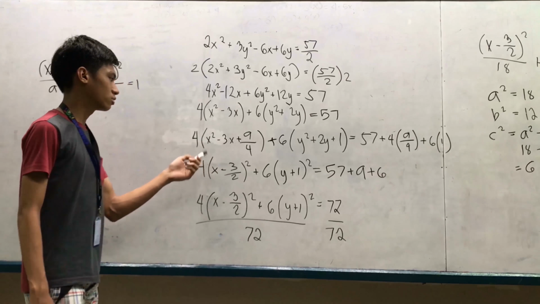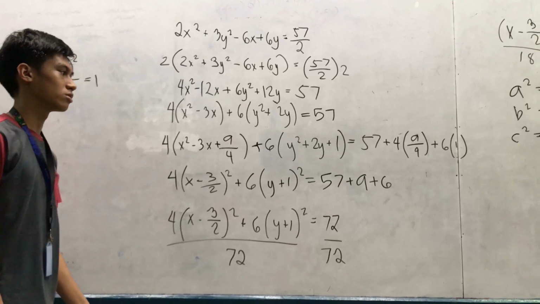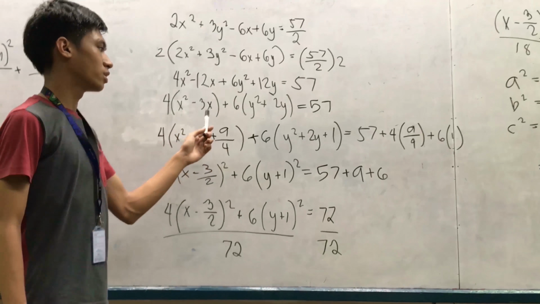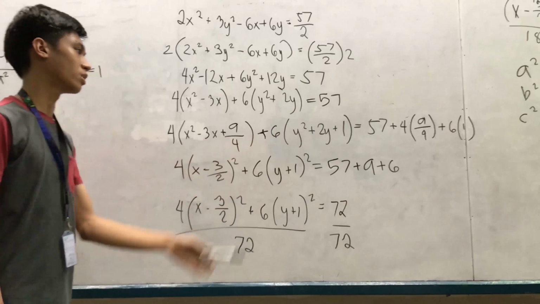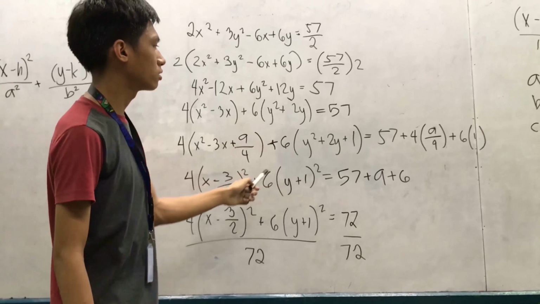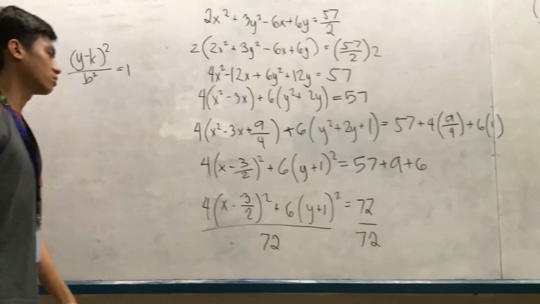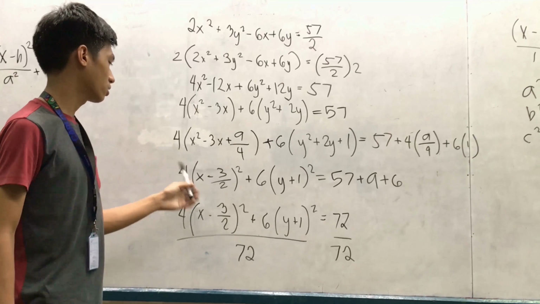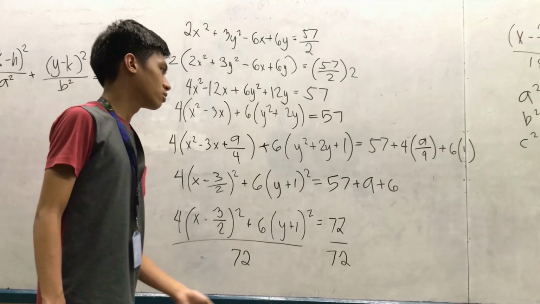So 3 over 2 squared is equal to 9 over 4 and 2 over 2 squared is equal to 1. So we must add to both sides the two constant terms. So 9 over 4 and 1 are added. Since there is 4 and 6 factored out, we must put 4 and 6 on the other side. So we square the terms and we get x minus 3 over 2 squared and y plus 1 squared.